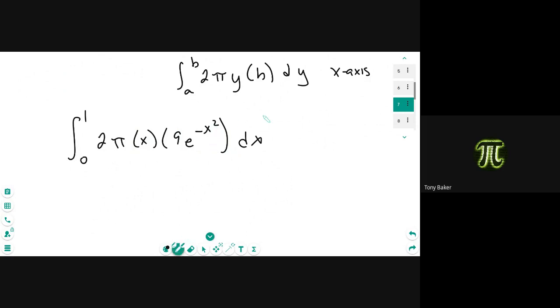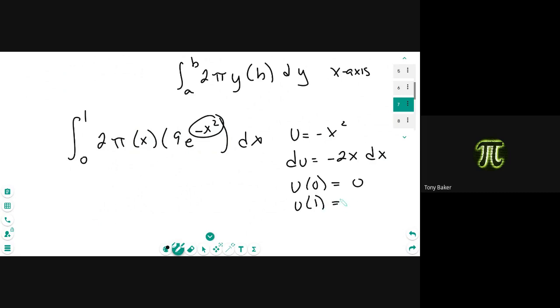All right, so my u is going to be that. So du is negative 2x dx. u(0) is 0, and u(1) is negative 1.